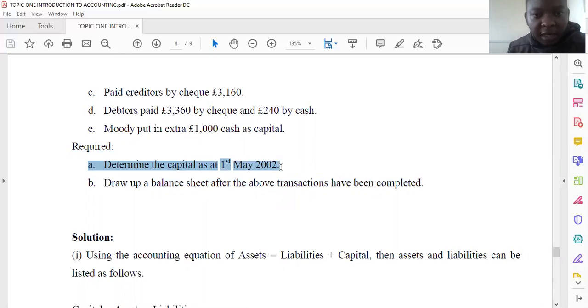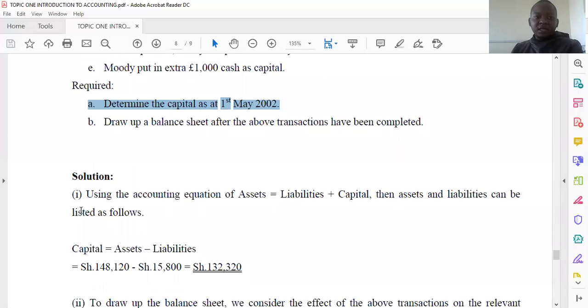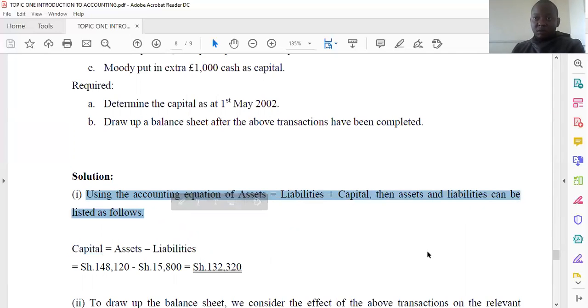So A, determine capital as at 1st May 2002. To determine capital in this case, it's quite simple. We use the accounting equation. The accounting equation, or the balance sheet equation, or the bookkeeping equation, is assets equal to capital and liabilities.